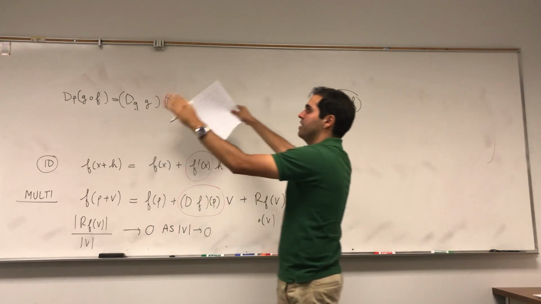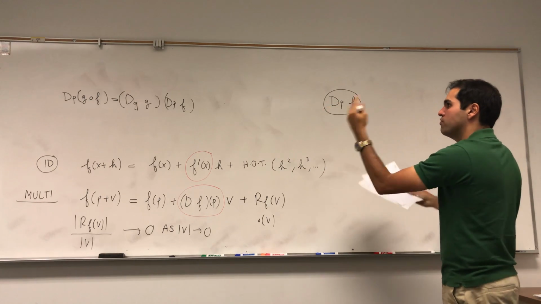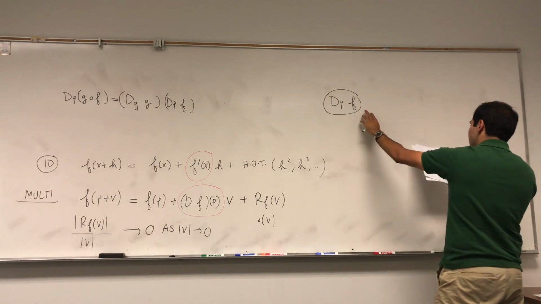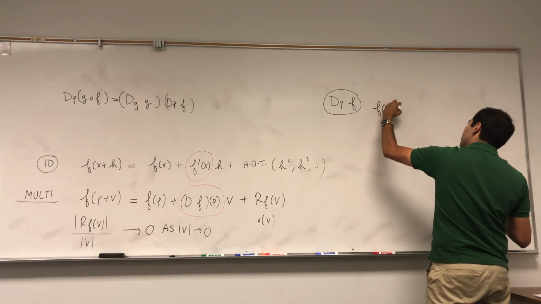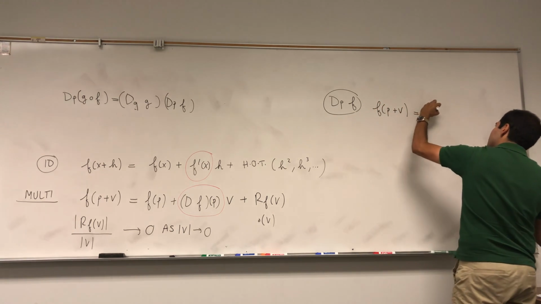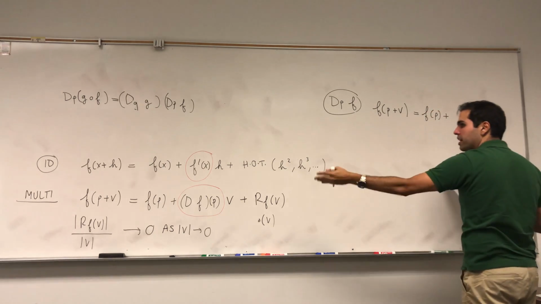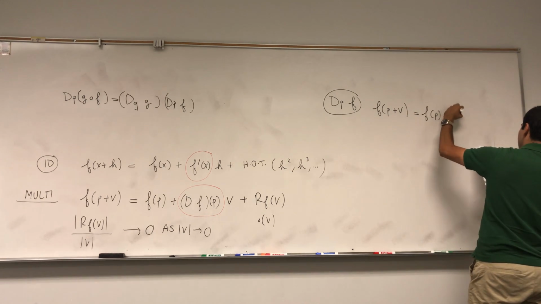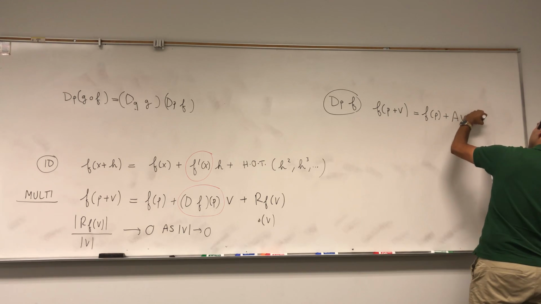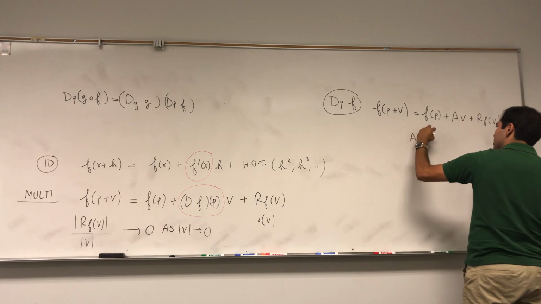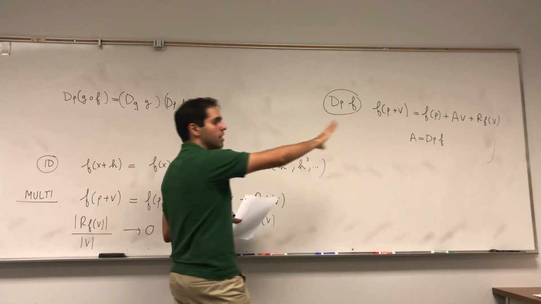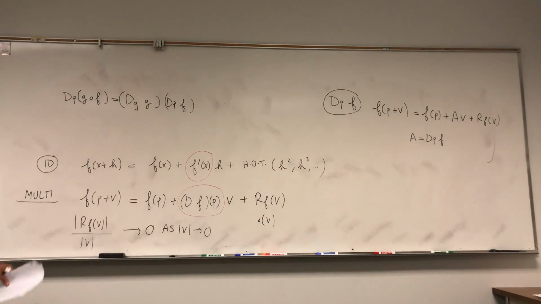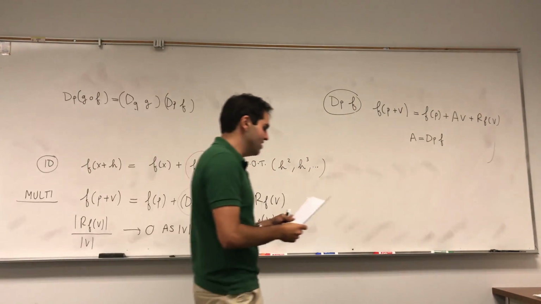So again, we have three terms at hand. The composed function, we have g and we have f. So let's start with d_p f. The definition is f of p plus v equals f of p plus d_p f, so think of A, times v plus the remainder term. And again, A is just what we call d_p f. Again, think of a linearization. That's why sometimes derivatives are called linearizations.